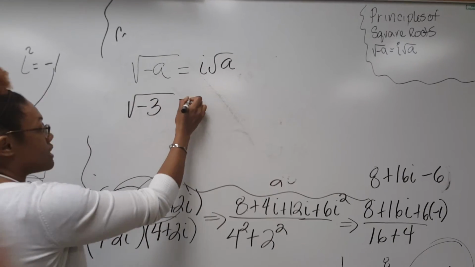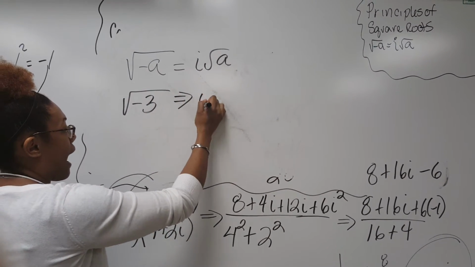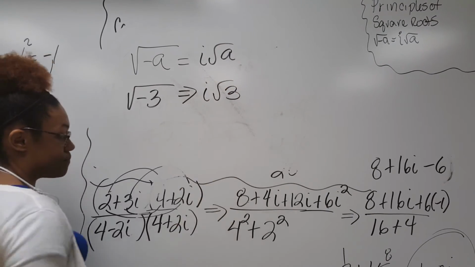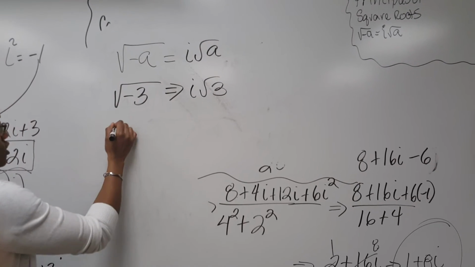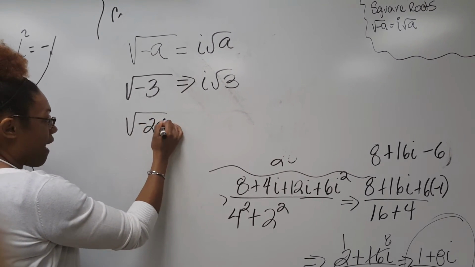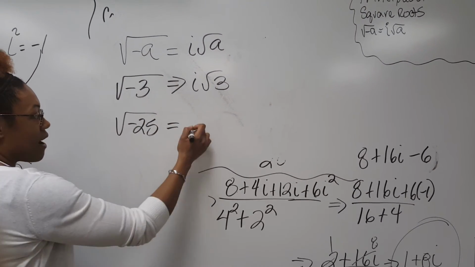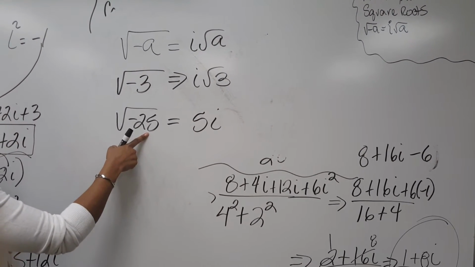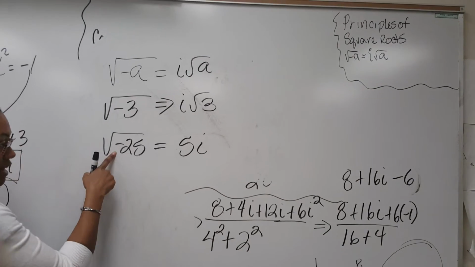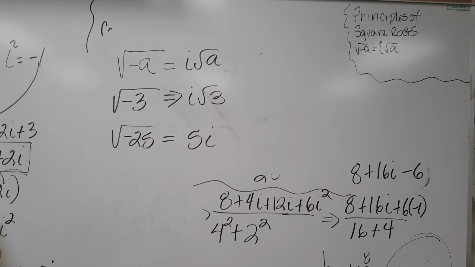Well, then this would give me i square root of 3. Or very similarly, if I had the square root of negative 25, that would give me 5i, because again, the square root of 25 is 5, and then the square root of that negative 1 is i.